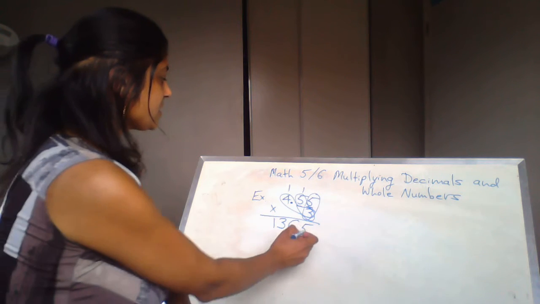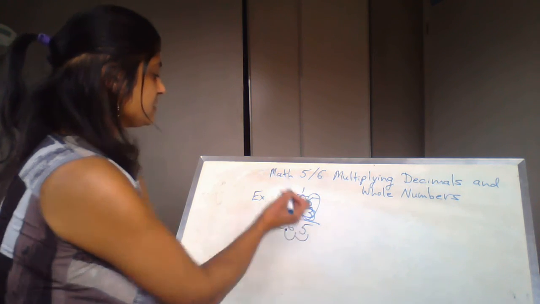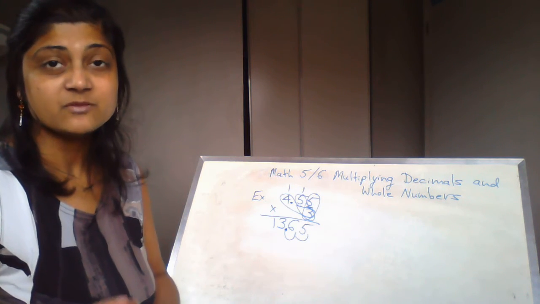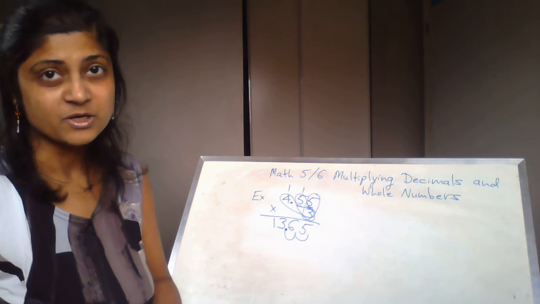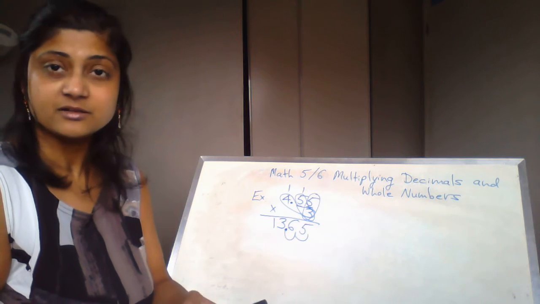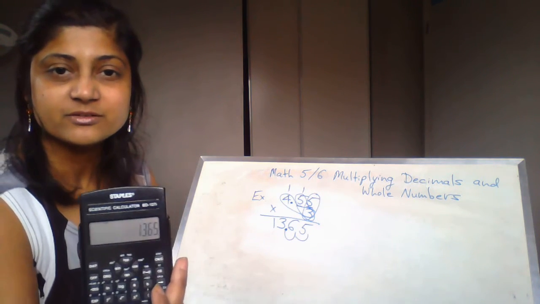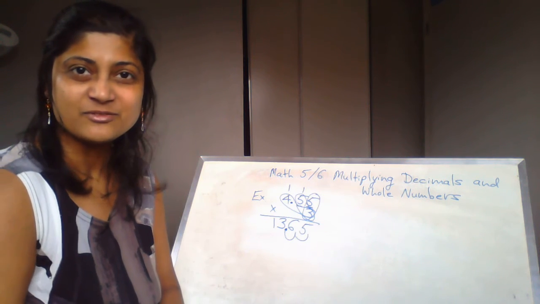So I should have in my final answer the same number of digits after the decimal place. So my answer is 13.65. Then take your calculator, and you can also check your answer, and you can see we're getting 13.65. Okay, does anyone have questions?